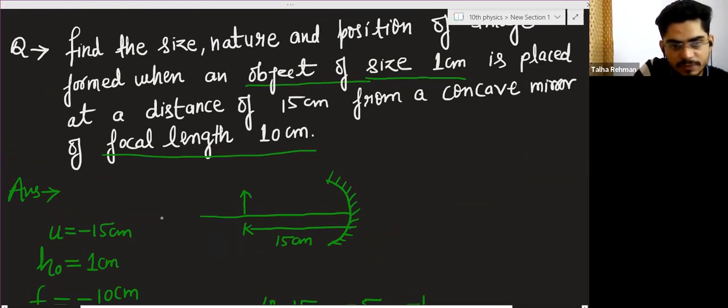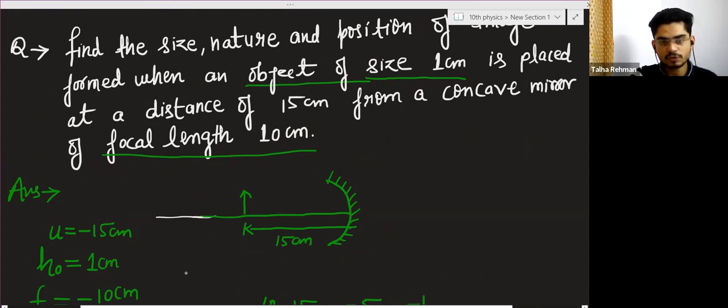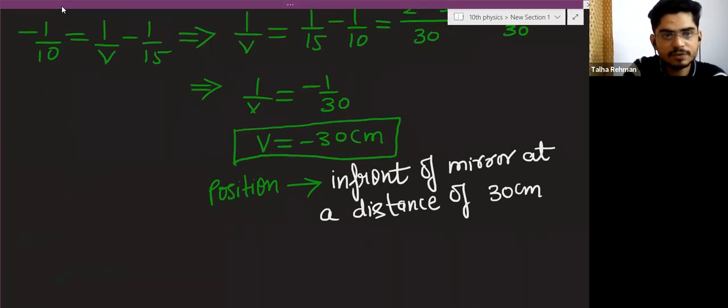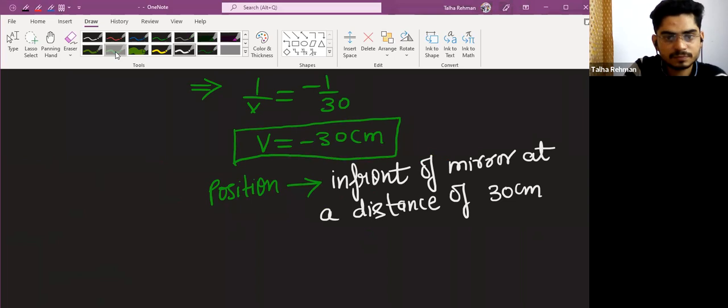So I am drawing this in the diagram. Suppose this is 15 centimeter and this is the principal axis. So the image is forming here, but we don't know whether the image will be in upward or downward direction. But we know that the image is at a distance of 30 centimeter from the pole in the same direction. So for that, we have one formula of magnification.